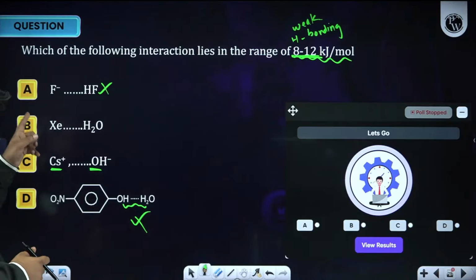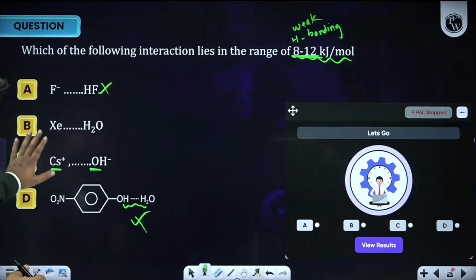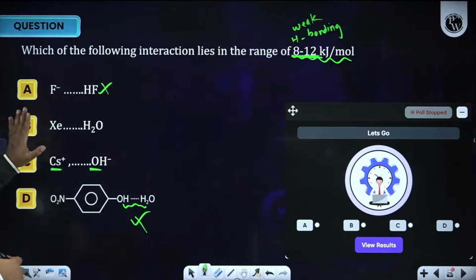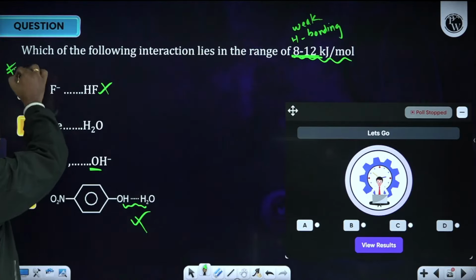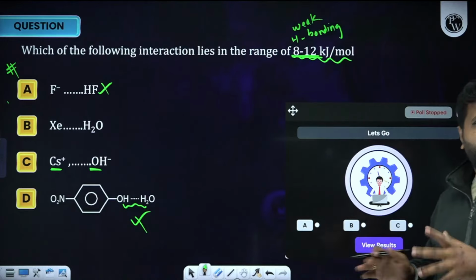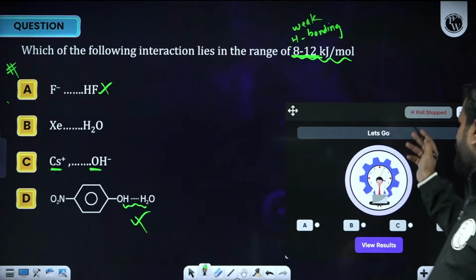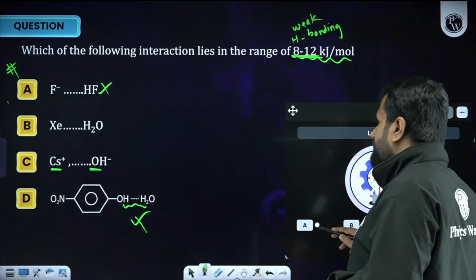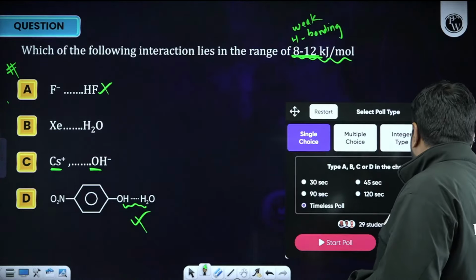So some mistake is there in the options. Let us leave the question, because maybe the DTP operator made some mistake while preparing the options, nothing other than that. Okay, don't worry, let me keep some dummy answers. We will move to the next question.